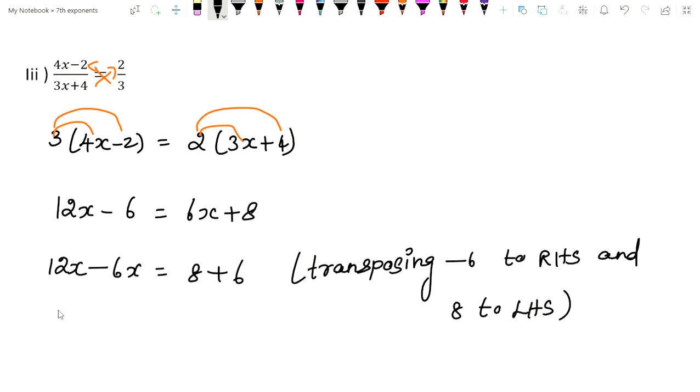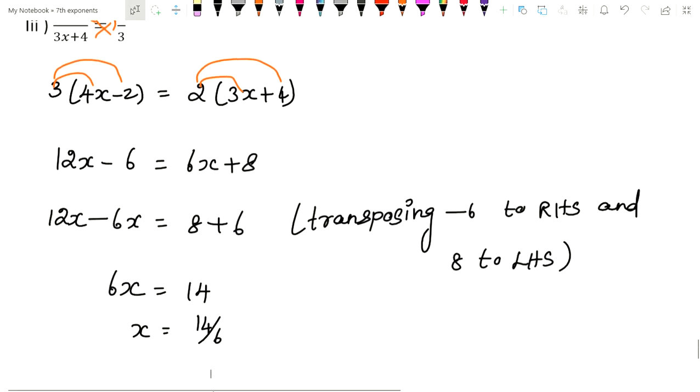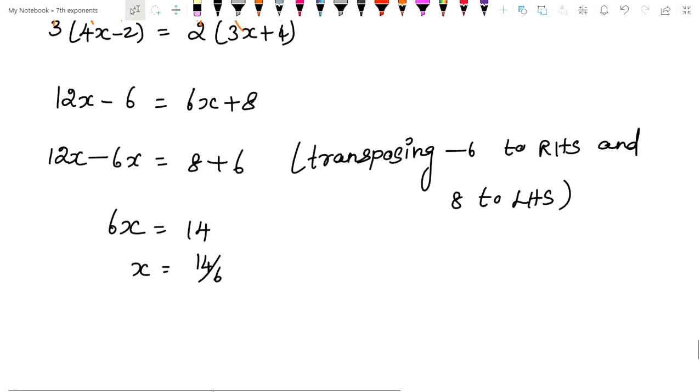So 12x minus 6x, what will you get, children? 6x equal to 14. x equal to 14 by 6. 3 2s are 6, 7 2s are 14.